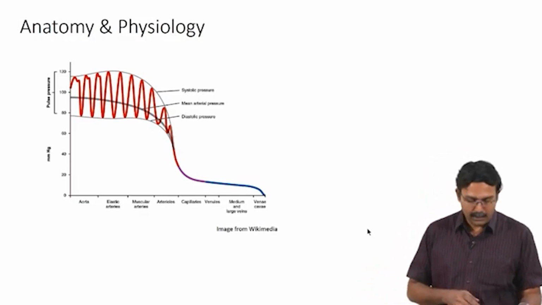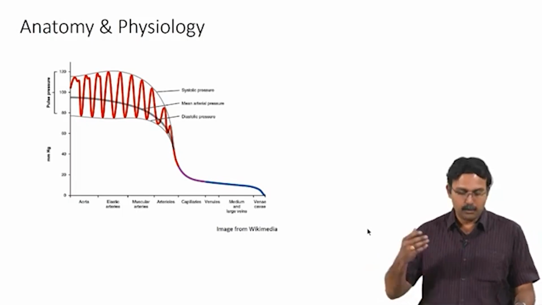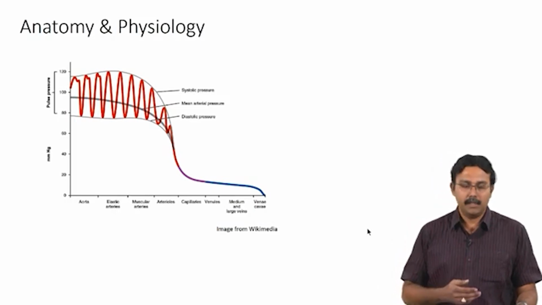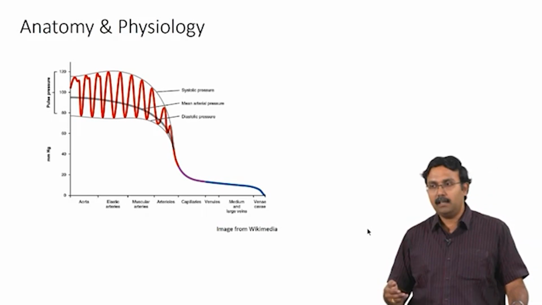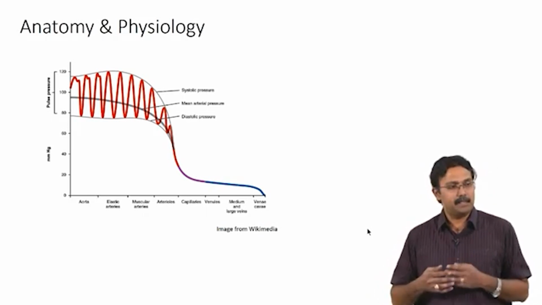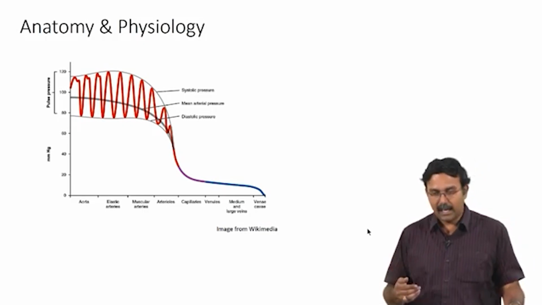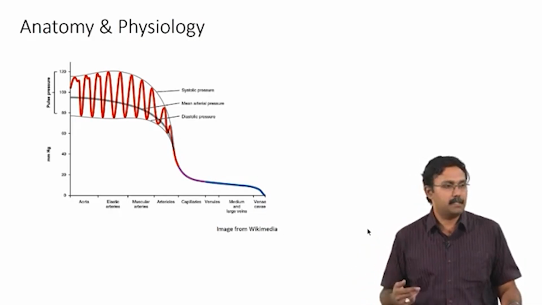So, if you are looking at the aorta, the pressure is quite high, close to 80 to 120 mmHg, which is experienced by many arteries. But as it comes into arterioles, you can see that the pressure is dropping, and in capillaries the pressure is even lesser. And your venules, large veins and the vena cava all have much lesser pressures.